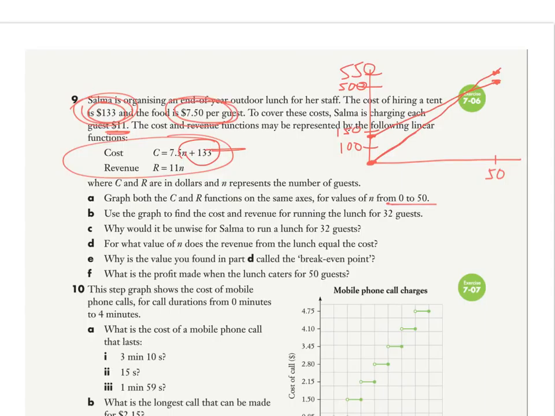Okay, use the graph to find the cost and revenue for 32 guests. Okay, so 32 guests, which obviously is hard to do, would be maybe somewhere like this. And where are those 2 points? Obviously I can't do it on this graph, but you can do it with the formula.